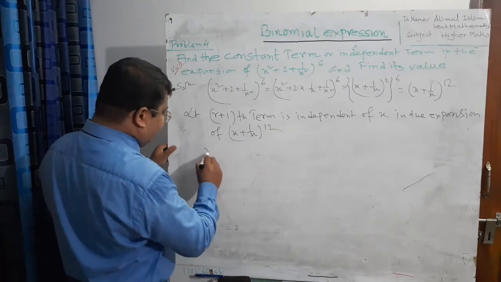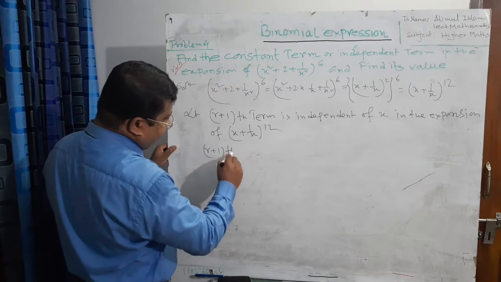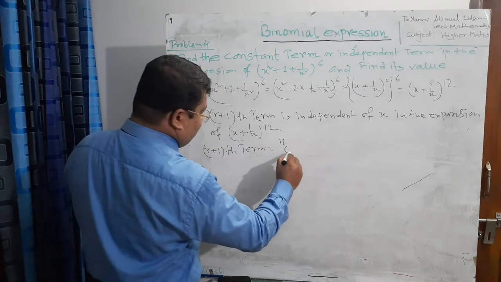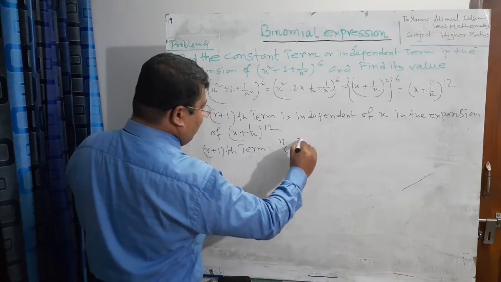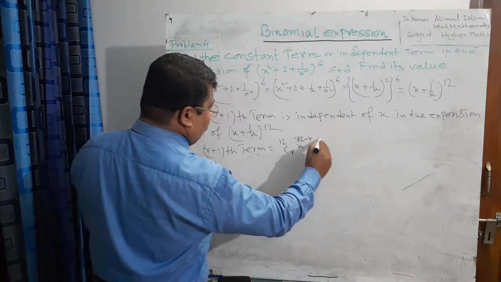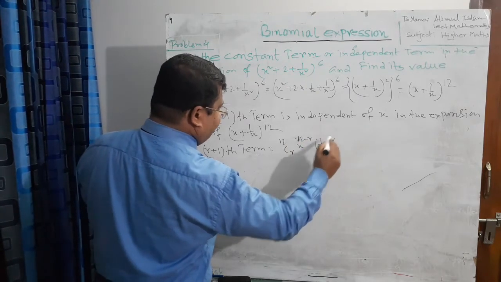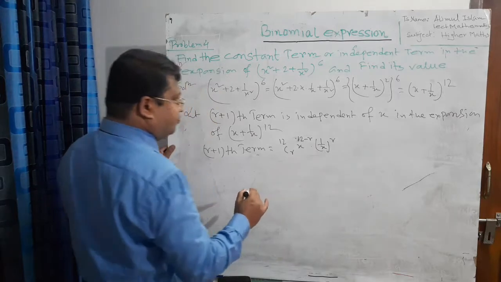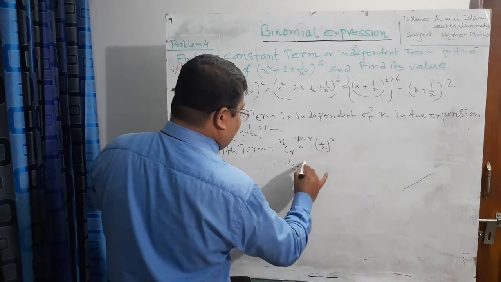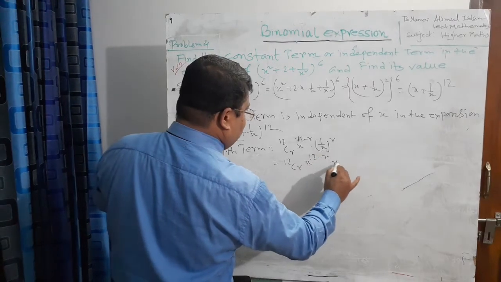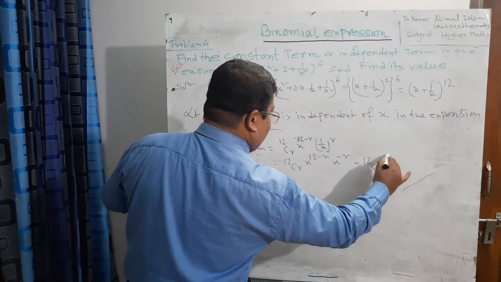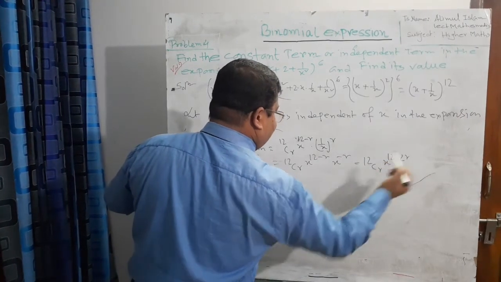Then you write the same system, the (r+1)th term: nCr, 12Cr, x to the power n minus r, and n means 12, x to the power 12 minus r, times (1/x) to the power r. You can write 12Cr x^(12−r) x^(−r), so 12Cr x^(12−2r).